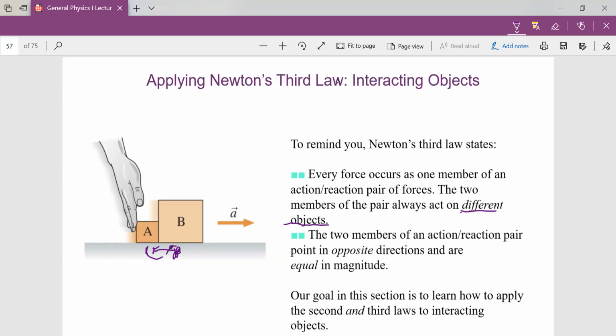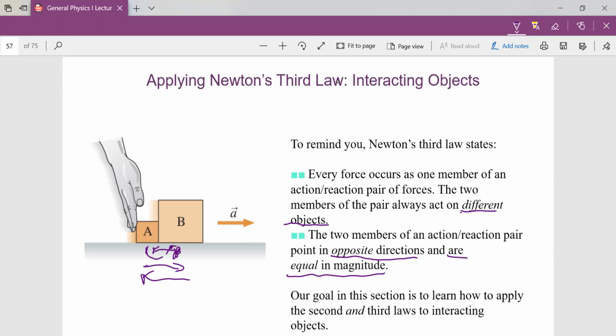Okay, so the direction is opposite, but the magnitudes are equal. So the direction of the force from A goes this way, while that of B will go this way. So they point in opposite direction. These are the facts that will help us in this section that we want to look at.